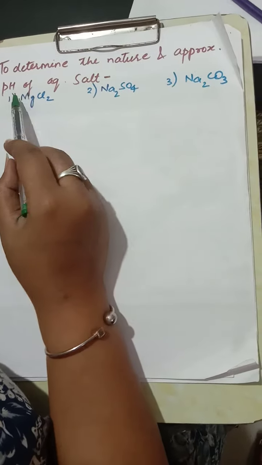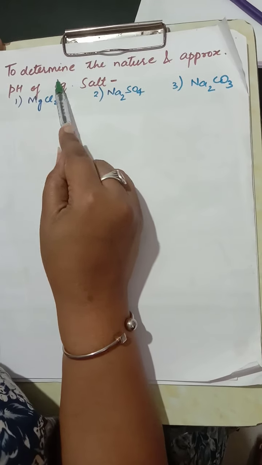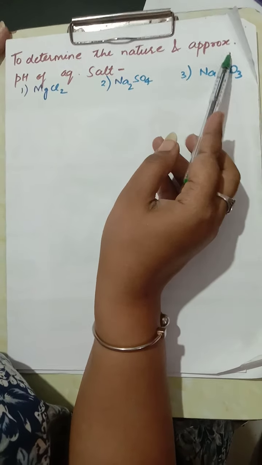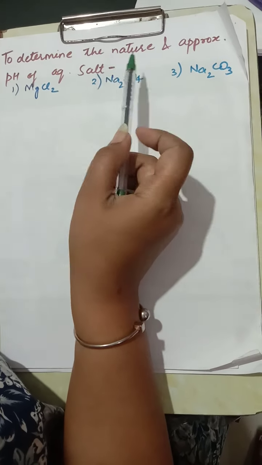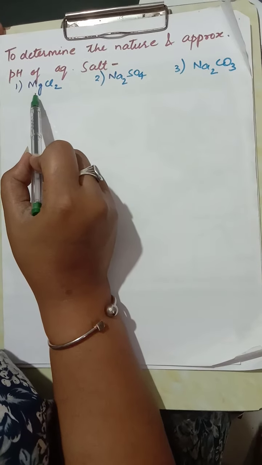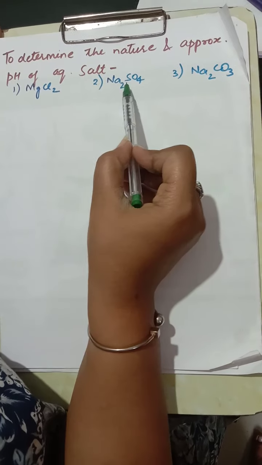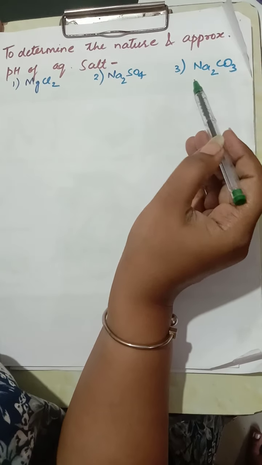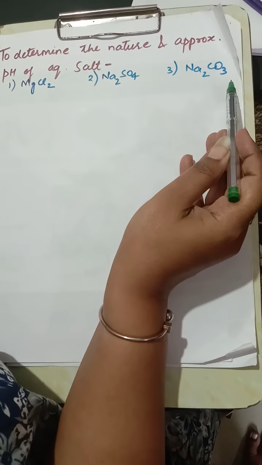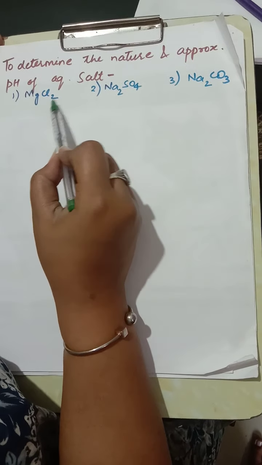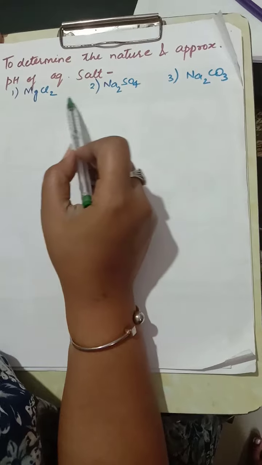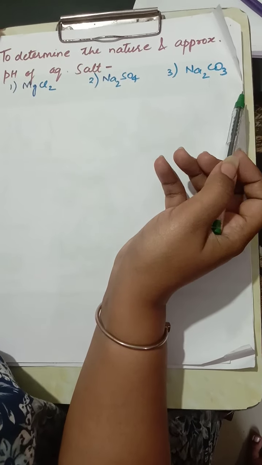So, the next topic is to determine the nature and approximate pH of aqueous salt. For example, 3 salts, that is MgCl2, Na2SO4 and Na2CO3 are given. We need to find out what is the approximate pH value of these 3 salts and what is the nature of these 3 salts.